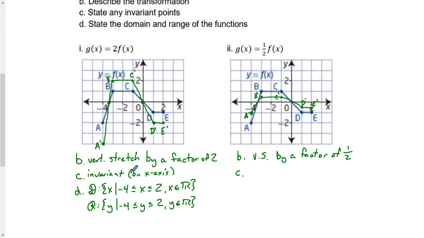Again, we'll notice that invariant points are anything that's on the x-axis. Because we are stretching vertically, anything that's on the x-axis, you can't really stretch the x-axis because it's just 0. Or more specifically, y equals 0.